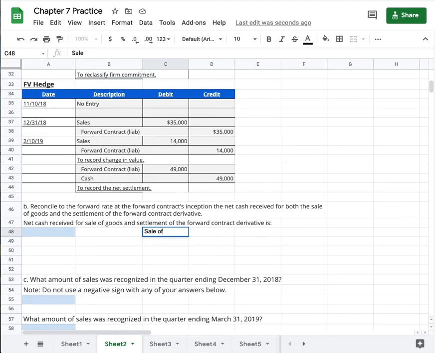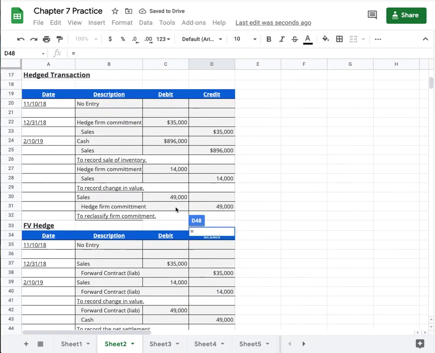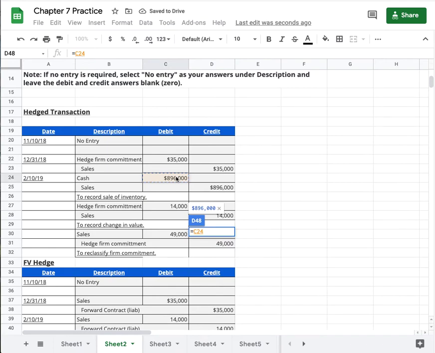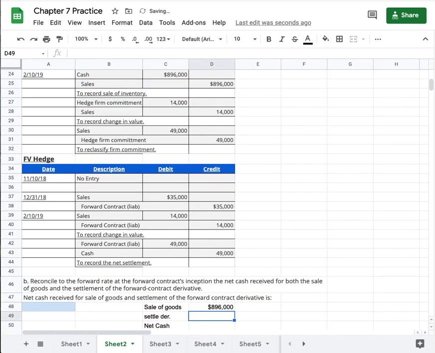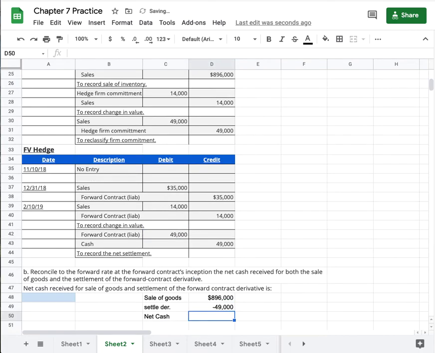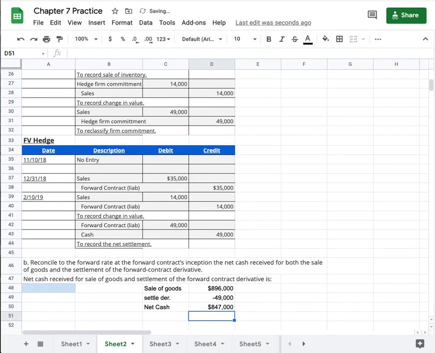We're going to take the sale of goods and then our settlement derivative, and that'll give us net cash. So the sale of the goods was $896,000. The settlement derivative was $49,000. And so that gives us net of $847,000.